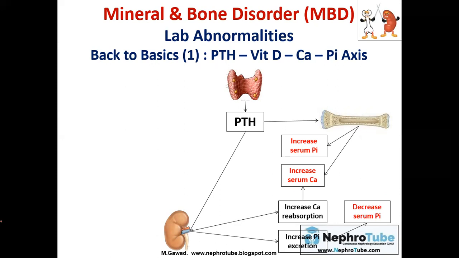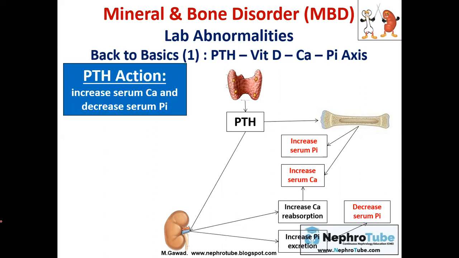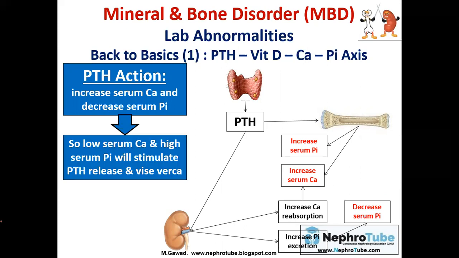So, the end result of the action of PTH collectively on the bone and the kidney is to increase serum calcium and decrease serum phosphate because of its phosphaturic effect and excretion of phosphate in urine. So PTH action is to increase serum calcium and decrease serum phosphate.